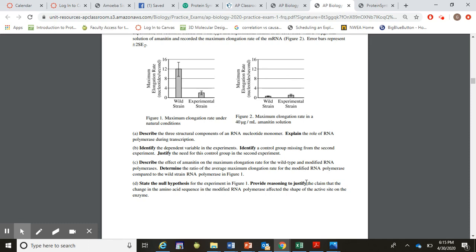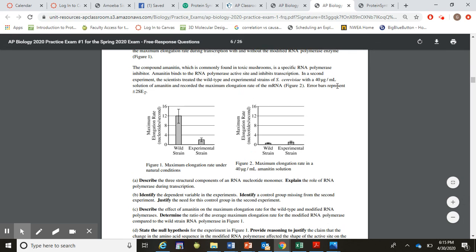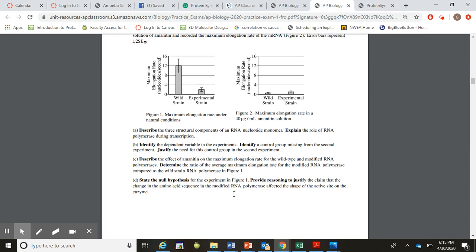And that changing the amino acid sequence would change the primary structure of the protein, which would change the way it would fold, so that the active site would have a different shape and potentially would not be as effective at converting the DNA into messenger RNA, because the different shape would cause it to have a different function. And so the reasoning would be that the amino acid substitution would change the primary structure, which changes the way it folds, which would change the active site of the enzyme.